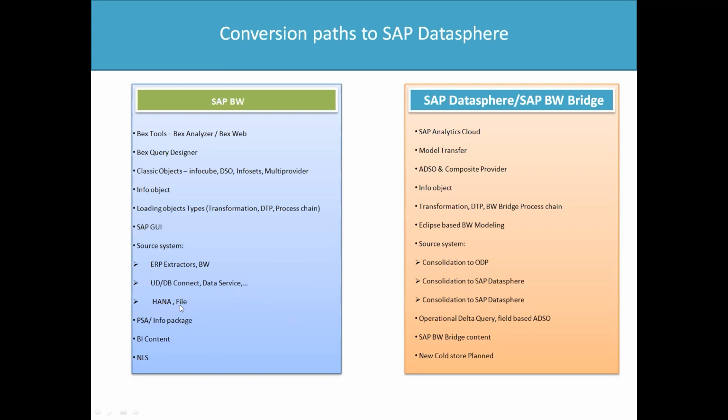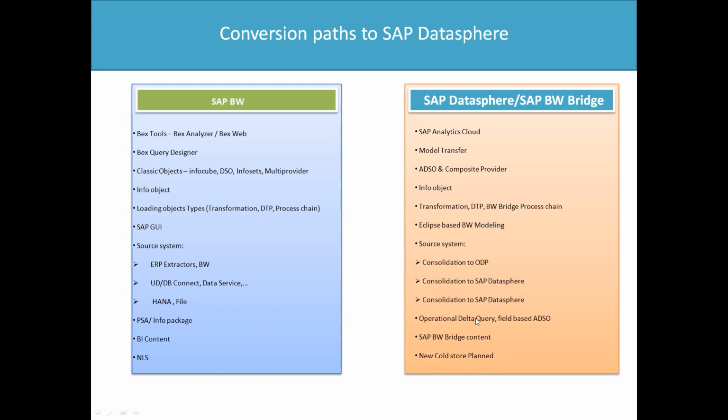HANA and file sources also consolidate to SAP Datasphere. PSA and InfoPackage will be the operational delta queue or field-based ADSOs. BW content would be the bridge content, and NLS, the nearline storage area, would be the new cloud store.